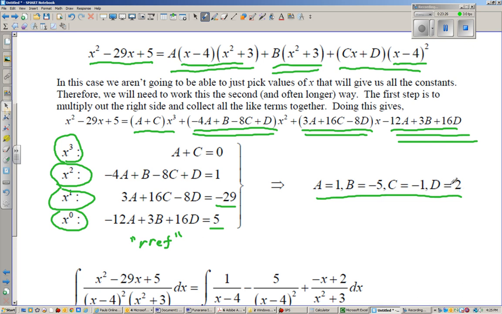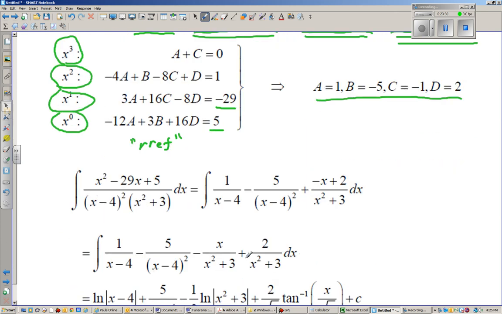Well, anyway, after we solve out all of that, we come up to 3 partial fractions, a decomposition of this big boy. And in this last term, there's a common denominator there, so I split the negative x over the denominator, and then the plus 2 over that denominator.